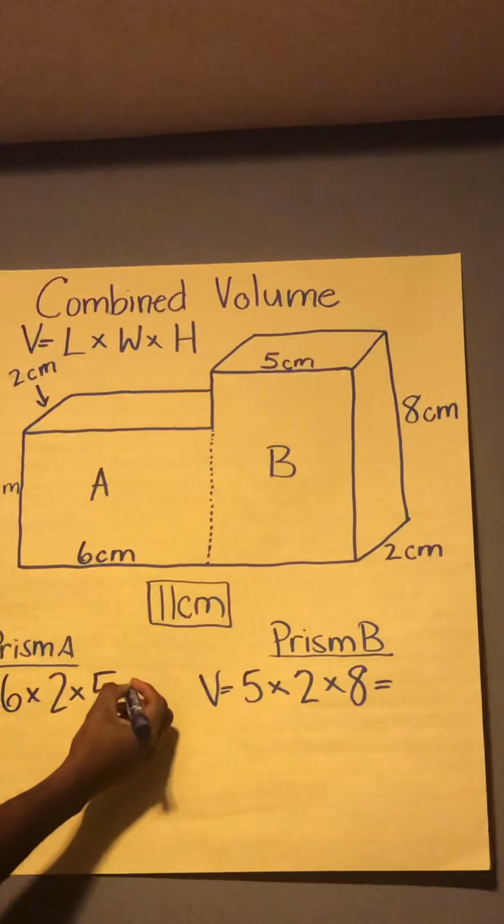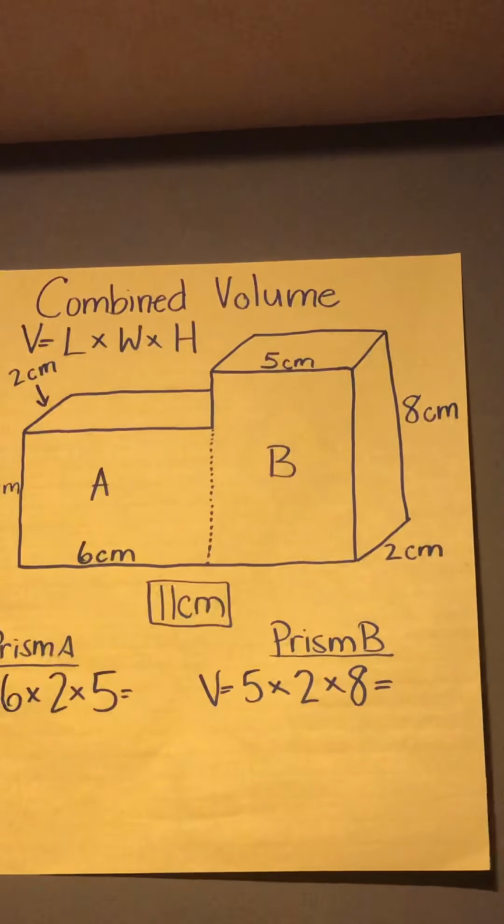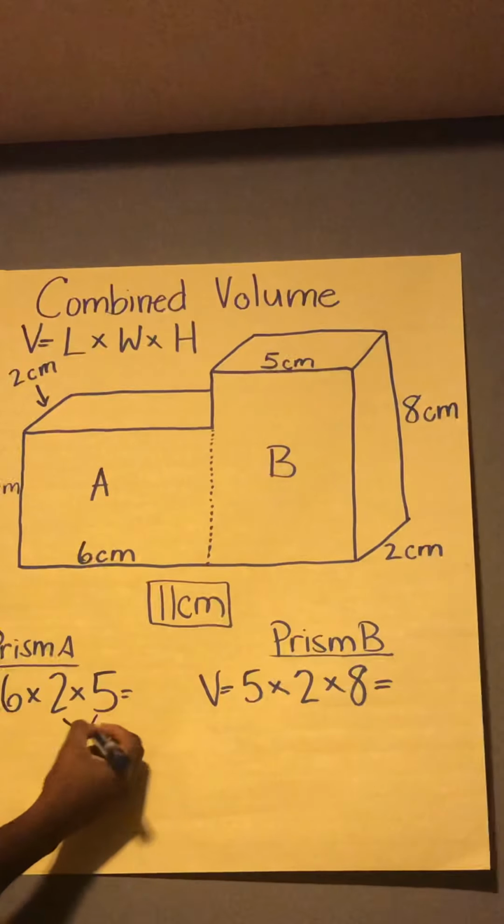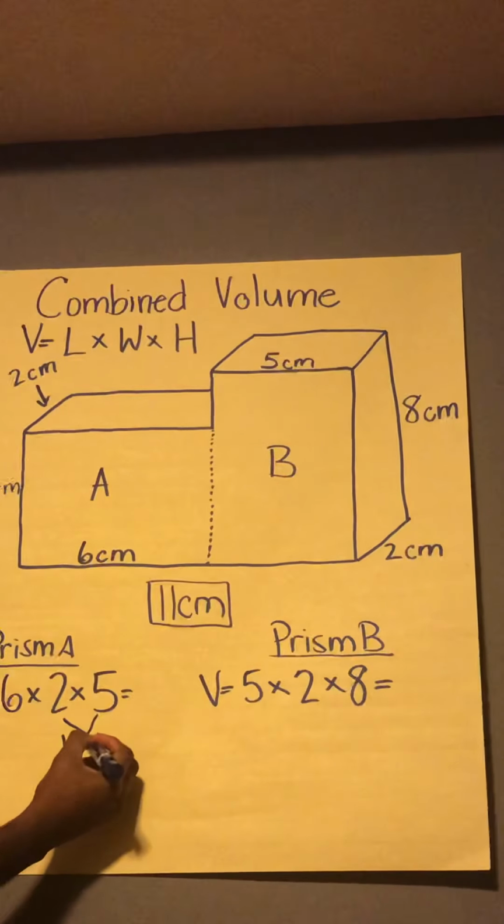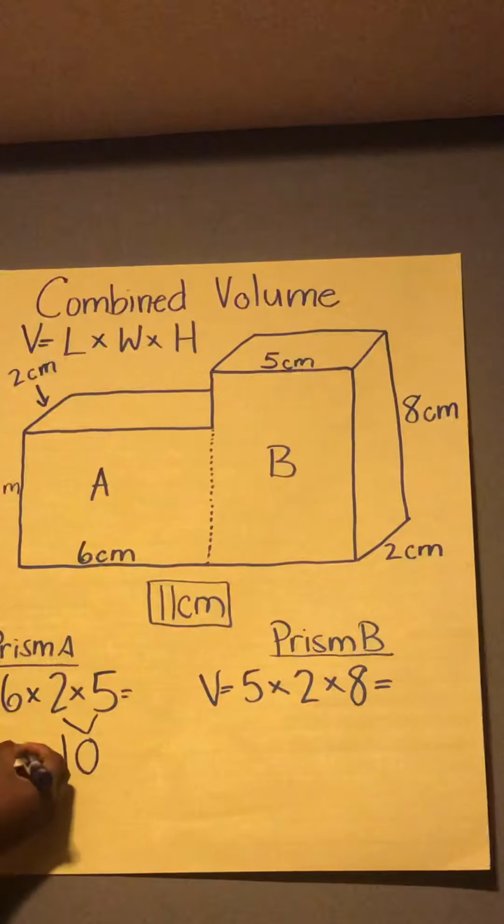So I would do 2 times 5, which is 10, and then 10 times 6.